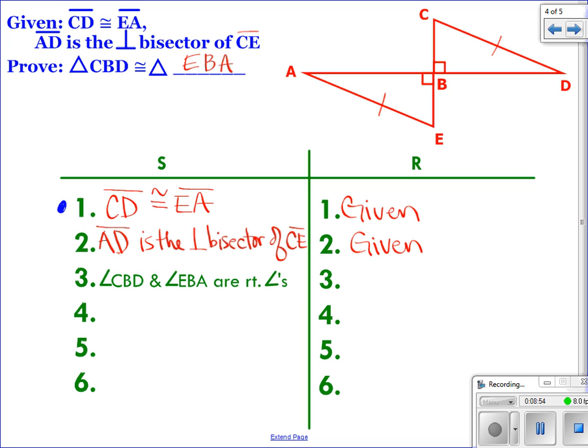The perpendicular. What does perpendicular mean? Right angles. Two lines intersect to make right angles. So the reason we know that they are right angles would be the definition of perpendicular. The perpendicular is what told us we have right angles.